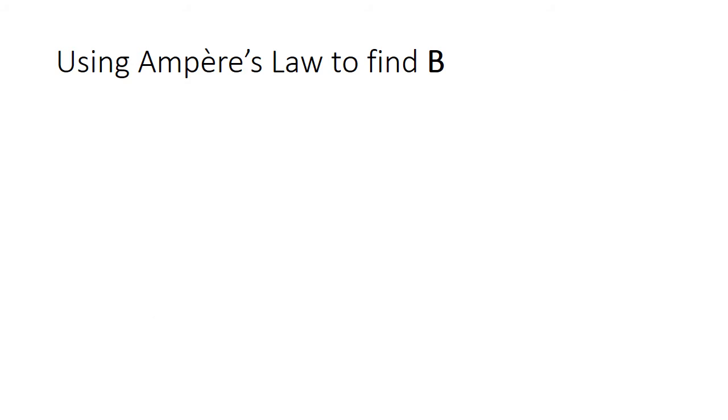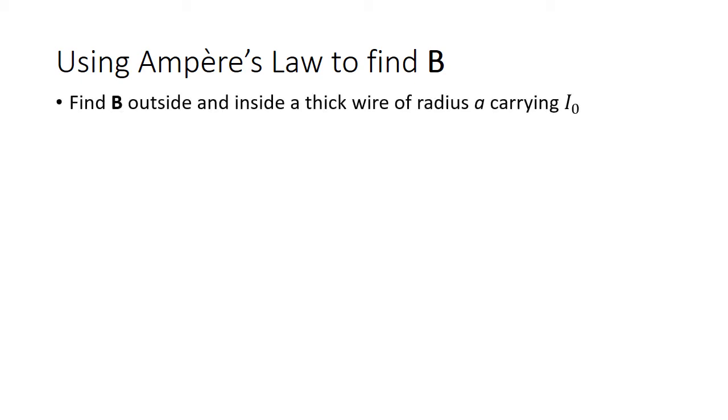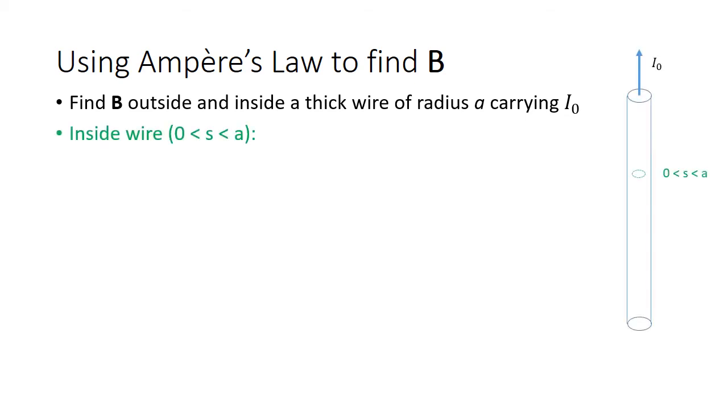We can also use Ampere's law to find the magnetic field inside the wire. Here we set up a path. Here's the wire. And we set up a path over which to calculate the circulation of the magnetic field, which is, again, circular.